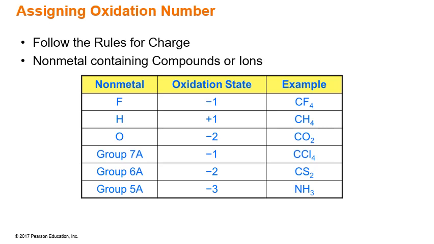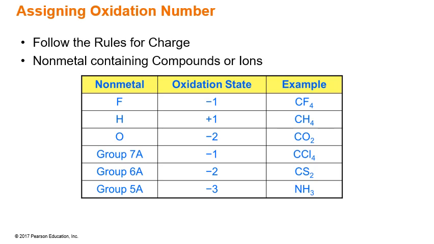If you have an ion, all of the oxidation states have to add up to equal the charge on that ion. These are theoretical rules that help us decide where the electrons are found in our compounds. And they help us keep track of those electrons as we move throughout a chemical reaction.